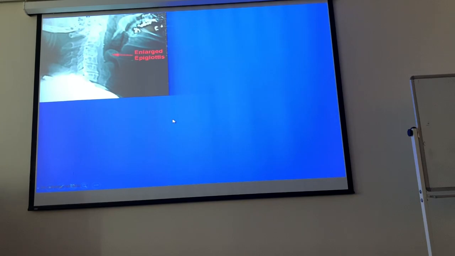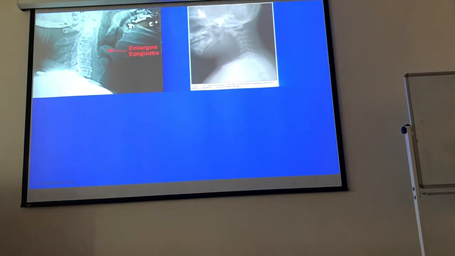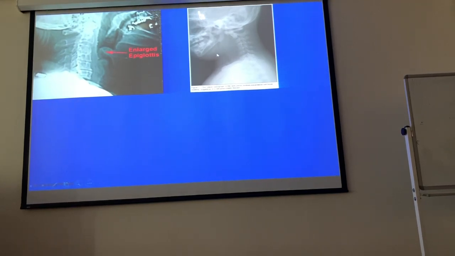This is called thumb sign. You see that like a thumb, it is pressing the airway. The epiglottis is enlarged, and it looks like a thumb. Here you can see that the trachea is pushed far away from the vertebral column, and what is this?